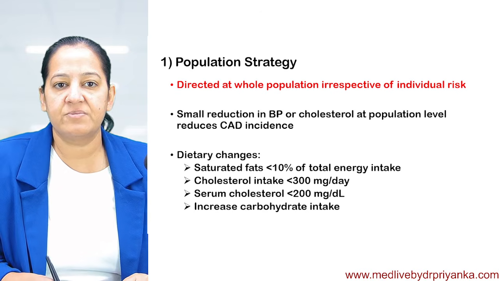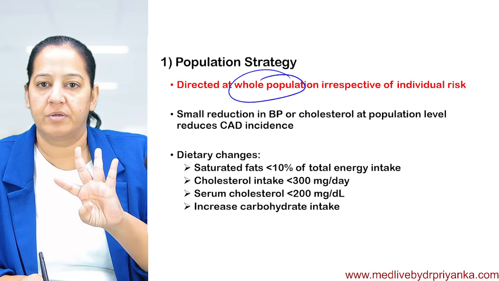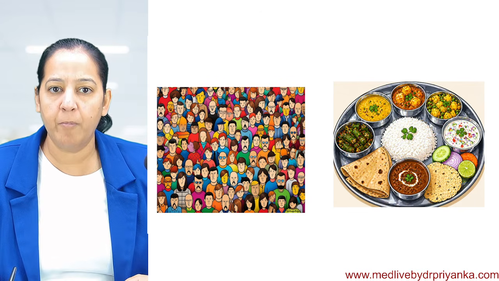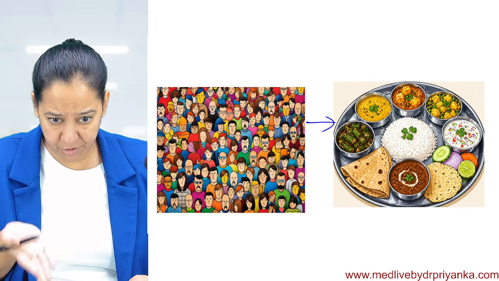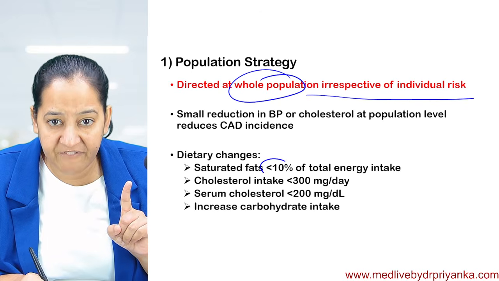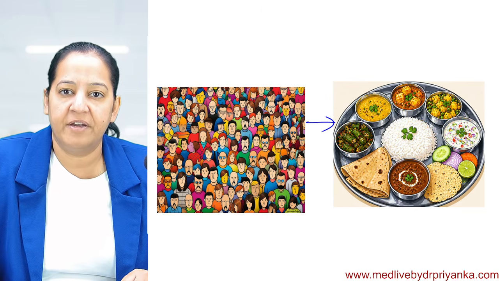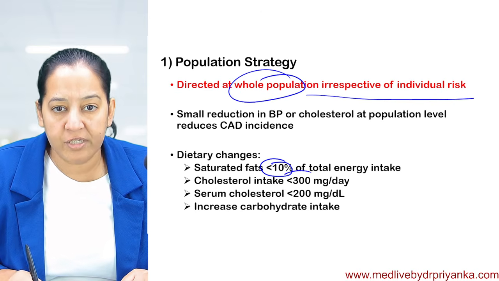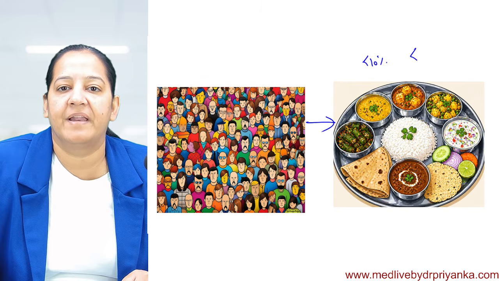Population strategy is directed towards the whole population, irrespective of whether the risk factors are present or absent. We encourage the whole population to take a good diet, with saturated fats less than 10% of the complete diet. Cholesterol should be less than 300 milligram per day.